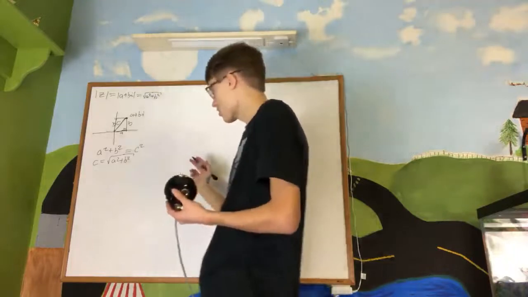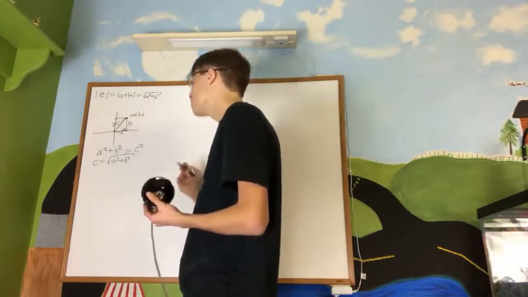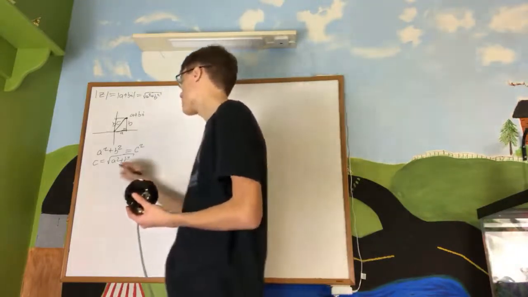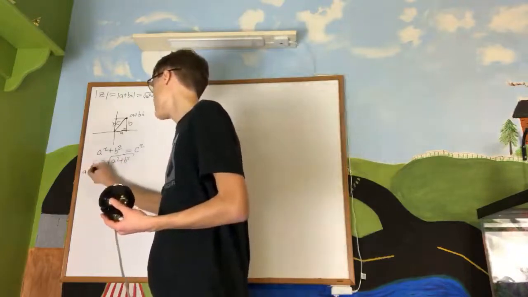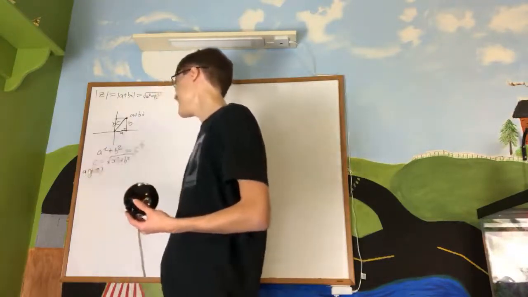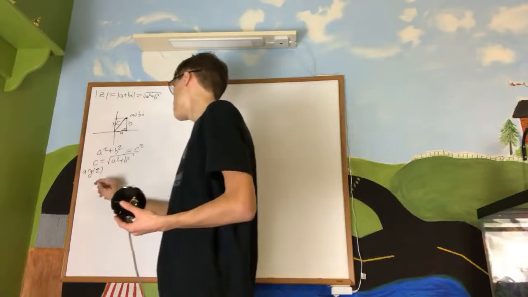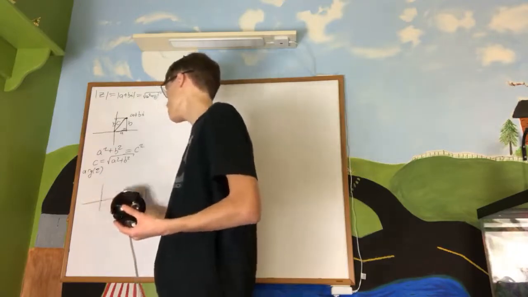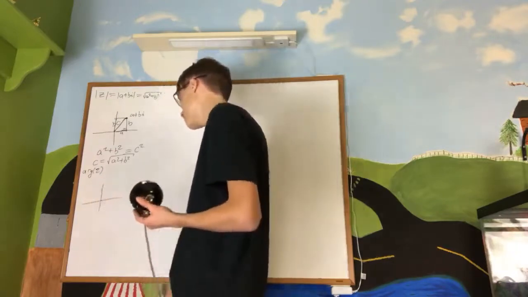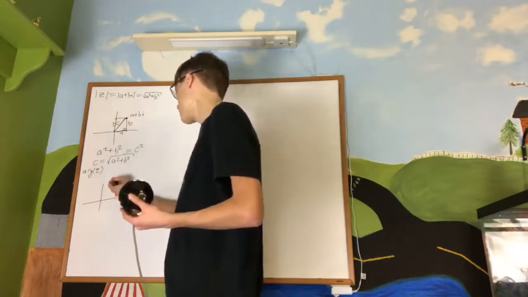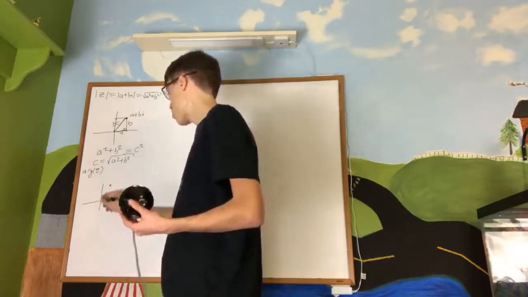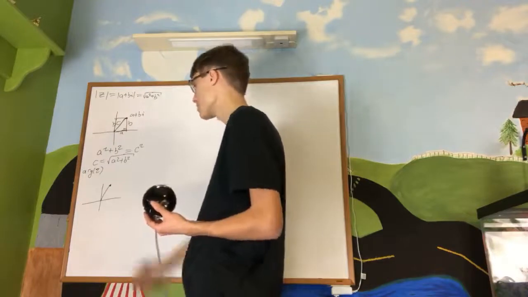Now the other property of a complex number is something called its argument, which is basically its angle. So if I have the complex plane, and I have just some random point, then I draw the line to it, like that.